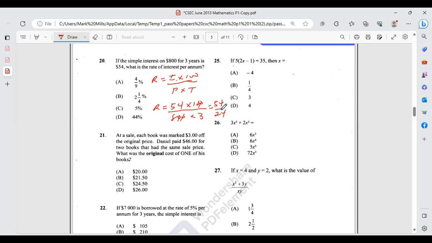What number can I use here? What number can I use to break it down? You say you could use 3? Okay, 3 goes into 24 how many times? 8, sir.